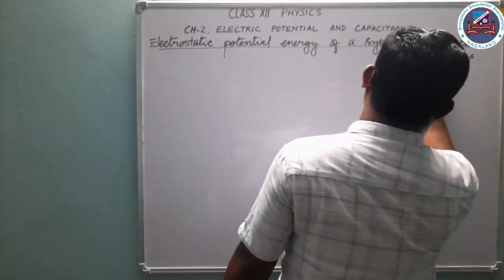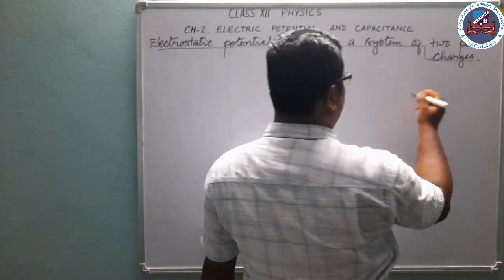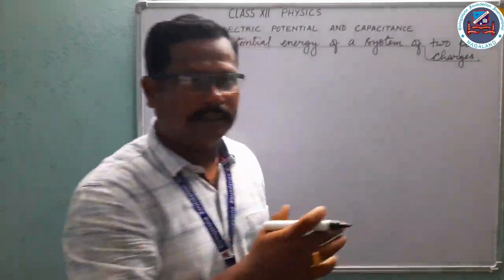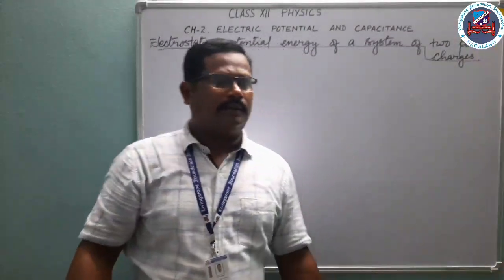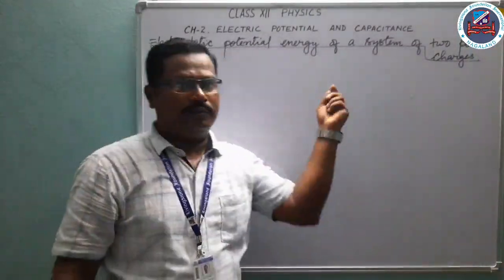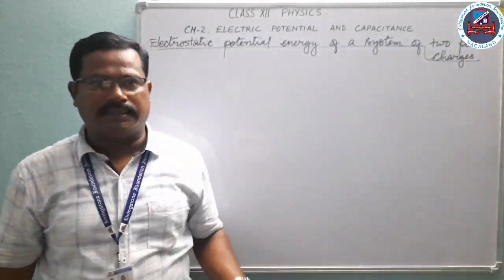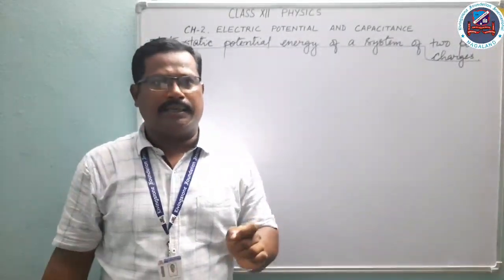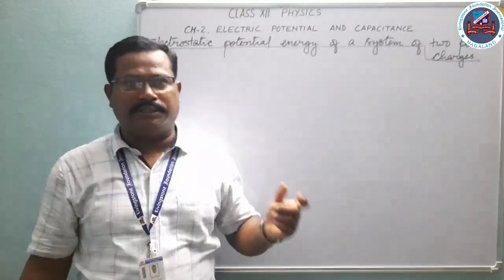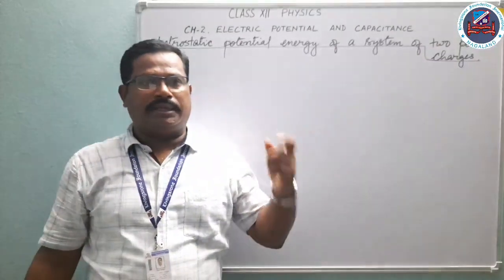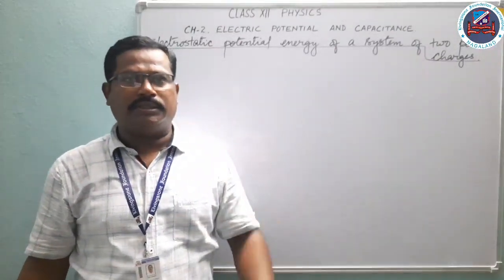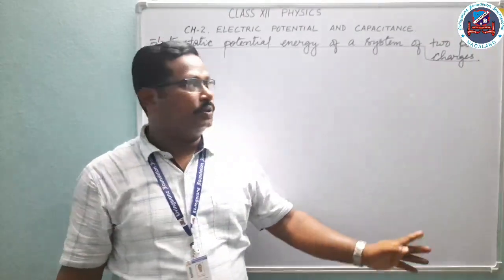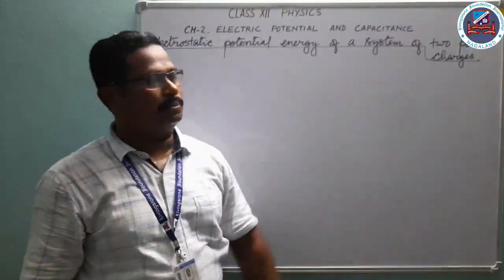Suppose you have 2-point charges. Here, before starting, let me tell you one thing. Electric potential energy for a single charge does not exist. So sometimes you may be thinking, why not do it for a single charge? Electrostatic potential energy for a single charge is always 0. So you will come to know while doing this why we require 2-point charges.